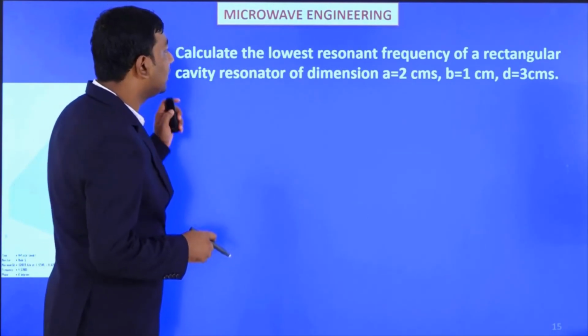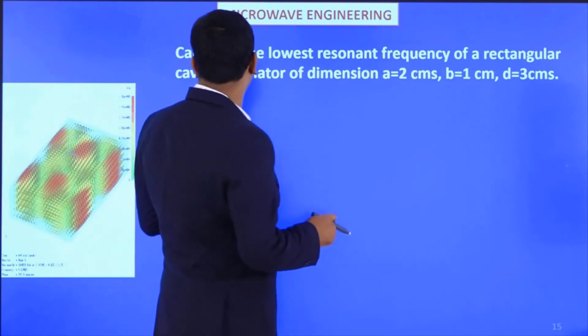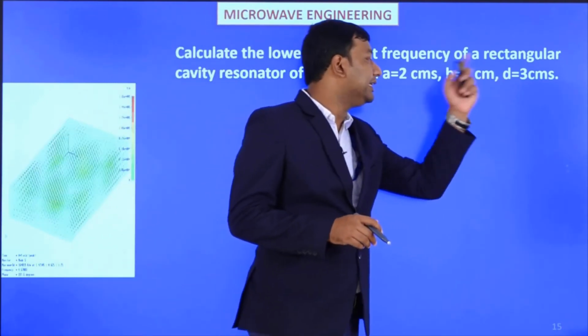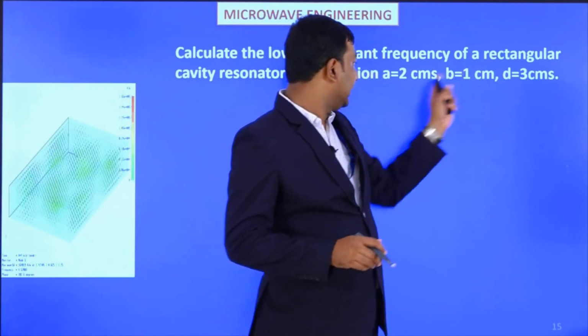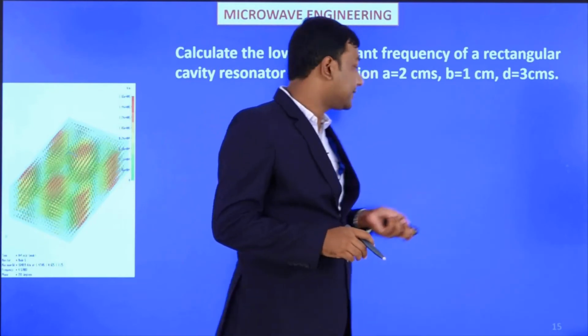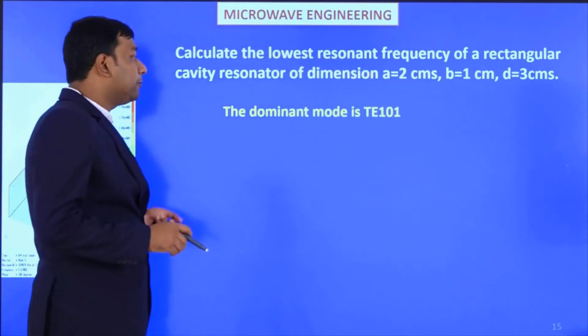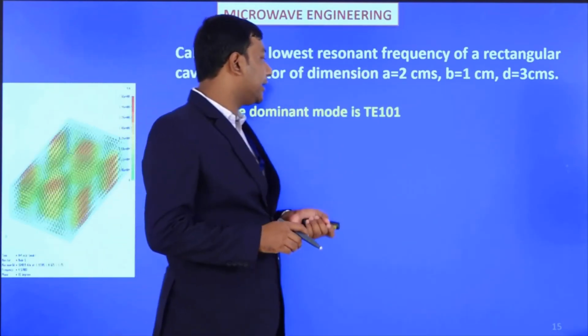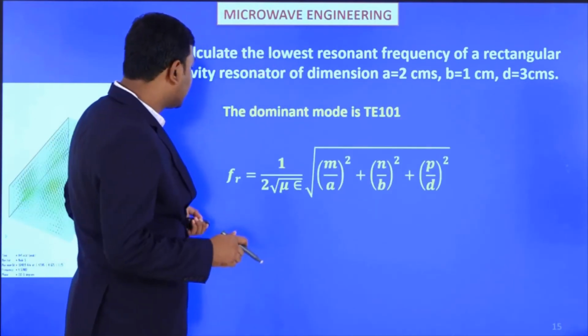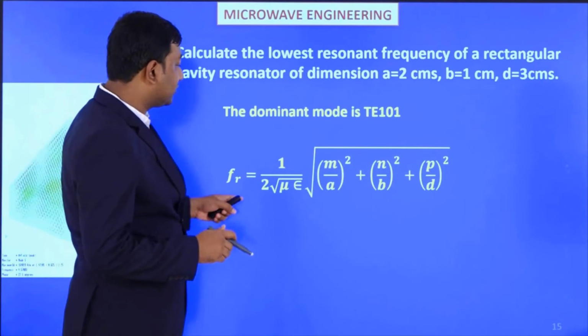So first, calculate the lowest resonating frequency of a rectangular cavity resonator of dimensions a, b and d. d is the length, a is the dimension in the x-axis, b is the dimension in the y-axis. So for the dominant mode, we already mentioned that for a rectangular cavity resonator, the dominant mode is TE101.